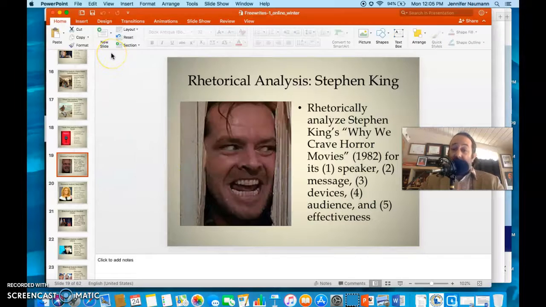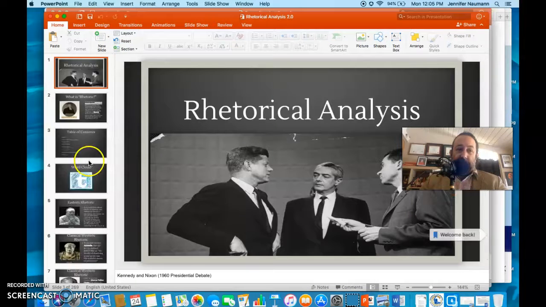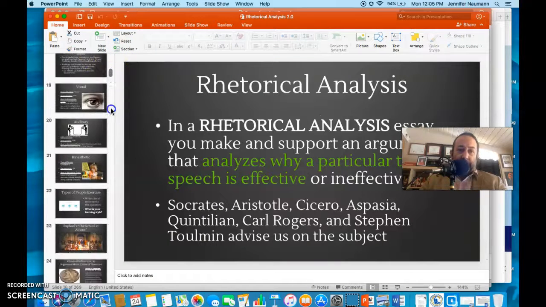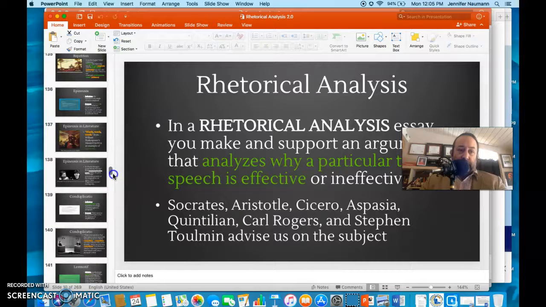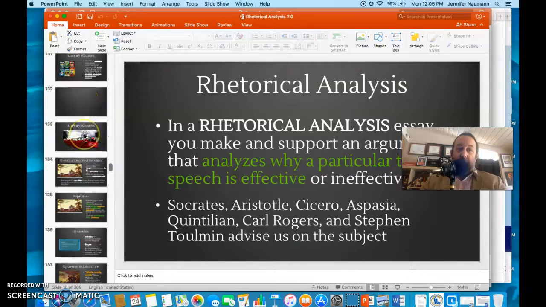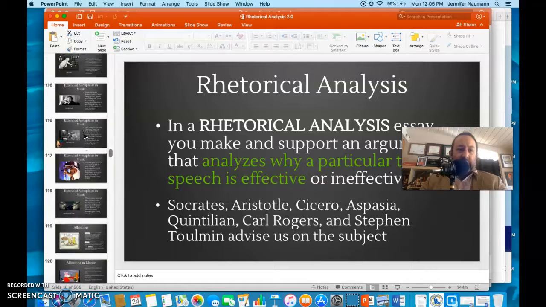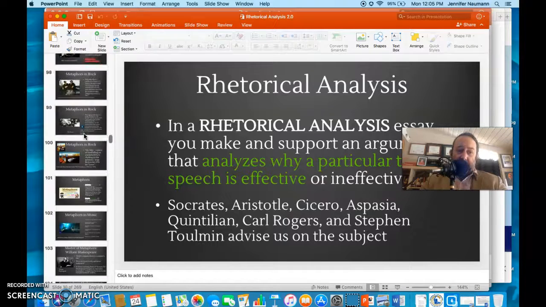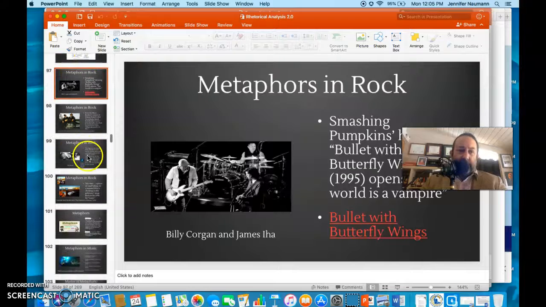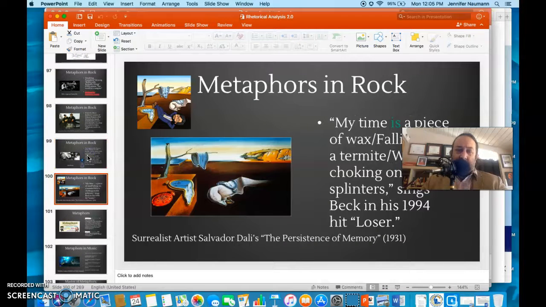What we would typically do in class is, say for this first one here, this is the one on Stephen King, we would, perhaps among other things. It wouldn't be the only thing that we would do. But say for example with this one, because it's relevant, I will always look at metaphors first.